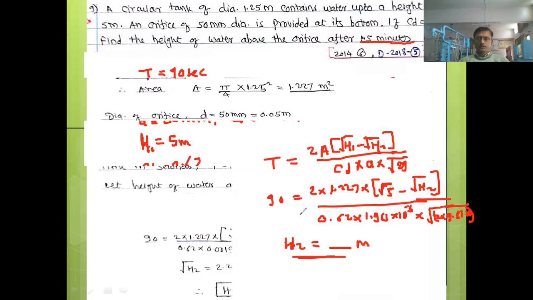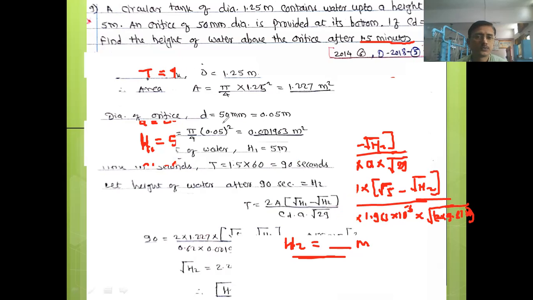This will go here and this will come here, so under root of 5 minus answer is equal to under root of H2. Squaring both sides, the answer will be 4.154. Correct.